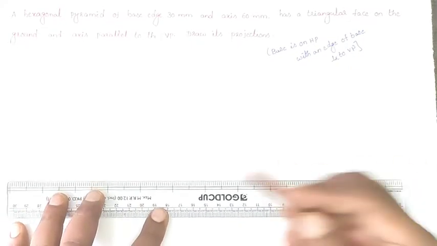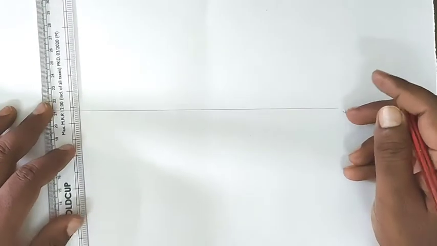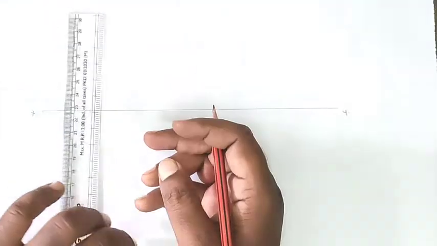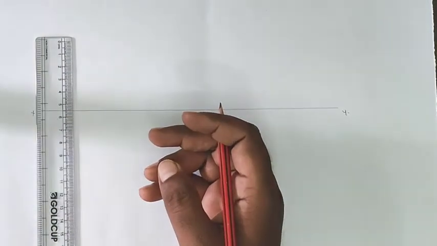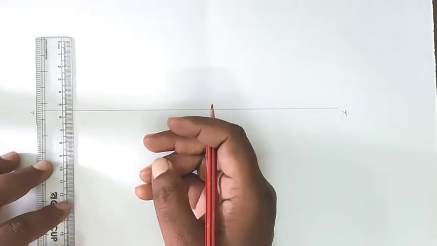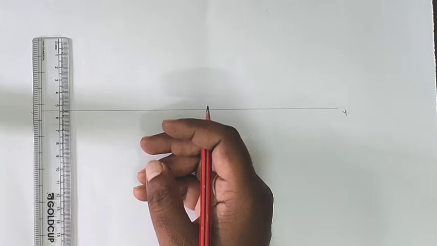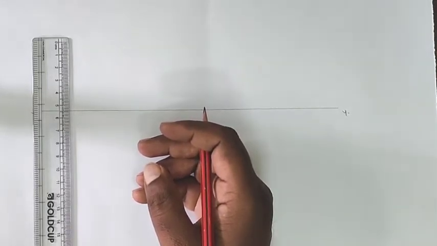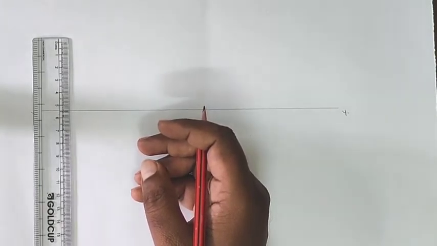So here in this problem, first we will draw the reference line. After drawing the reference line, draw the base on the HP, meaning draw the top view of our diagram. Because the axis is perpendicular to HP, draw the base edge perpendicular to the reference line.